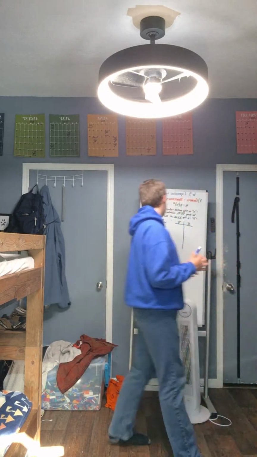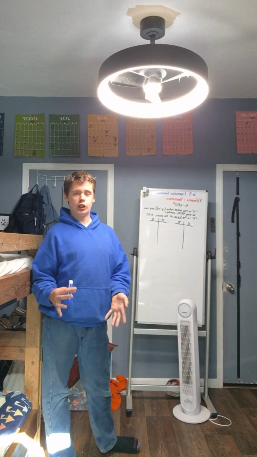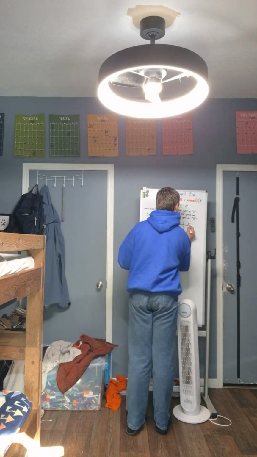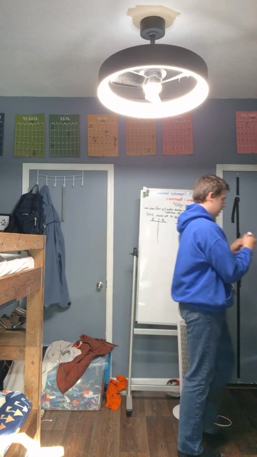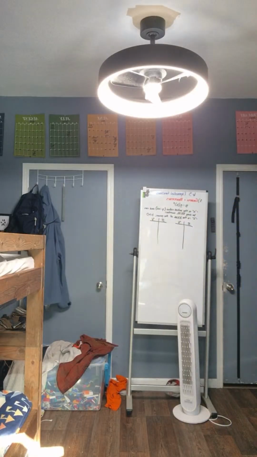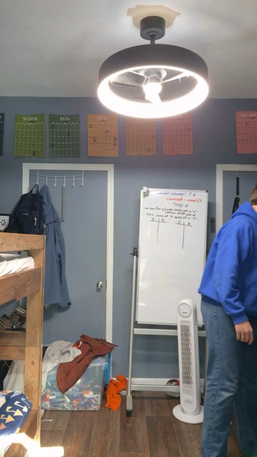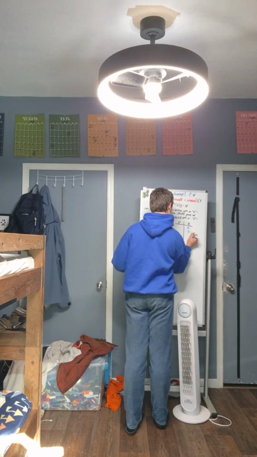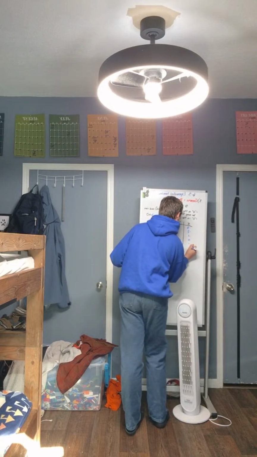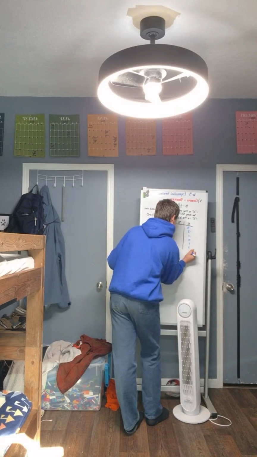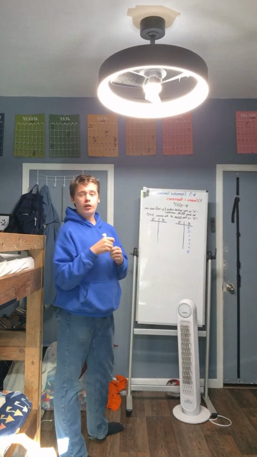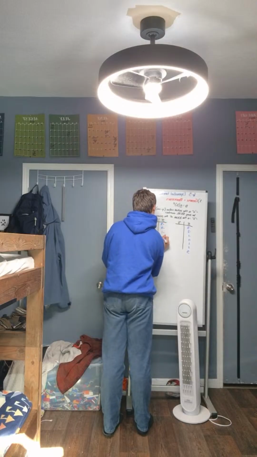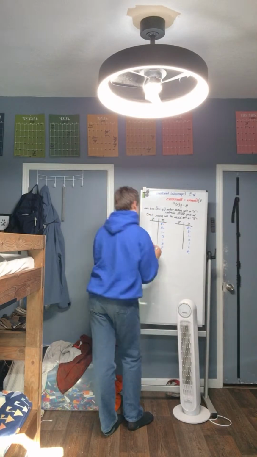Okay, so let's take a look at what linear functions are. We have negative 3, negative 2, negative 1, 0, 1, 2, 3. We're going to do the same thing to the other side. Negative 3, negative 2, negative 1, 0, 1, 2, 3.